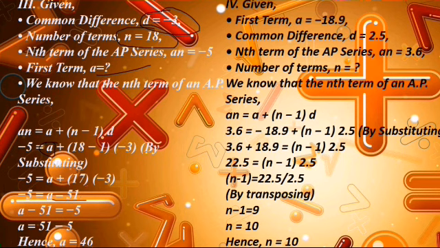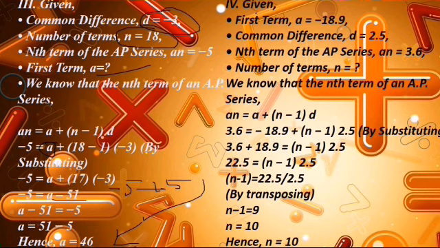Transposing minus 51 to the other side, we get minus 5 plus 51. Hence we get the value of a as 46.